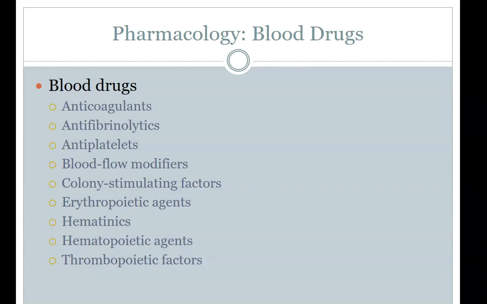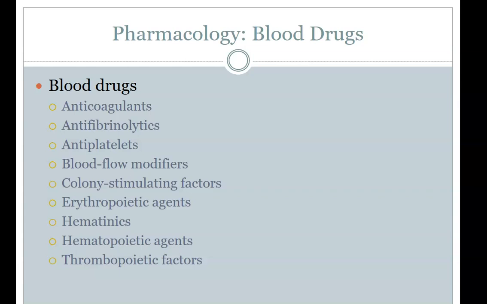Colony stimulating factors, CSFs, stimulate the production of white blood cells in the bone marrow. Erythropoietic agents increase production of RBCs by stimulating erythropoiesis. The hematinics increase the number of erythrocytes and/or hemoglobin concentration in the erythrocytes, usually to treat iron deficiency anemias.